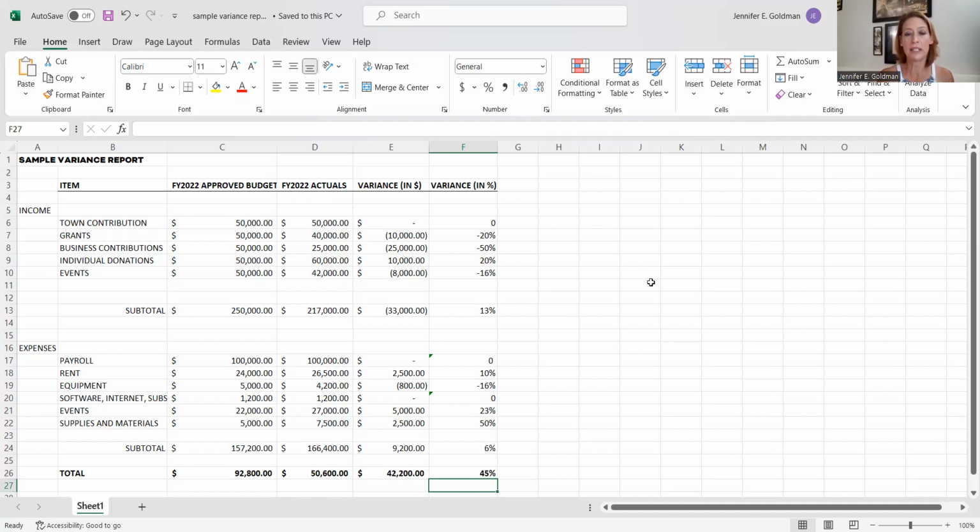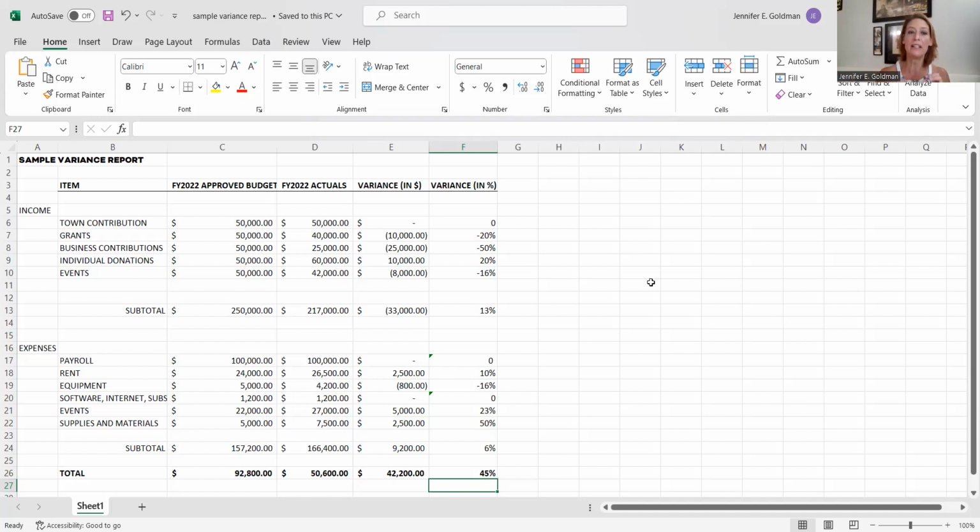And for the expenses, we have $9,200 that we spent over what we had planned. So if you look at the total variances in income, it's 13%. Not huge, but significant enough to take a look at. The total variance for the expenses was 6%, not very significant.